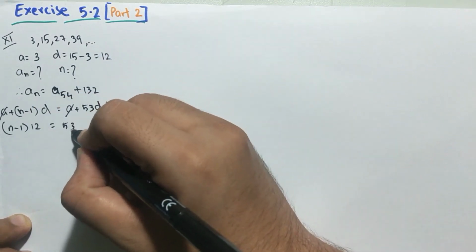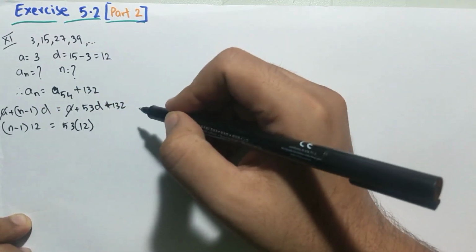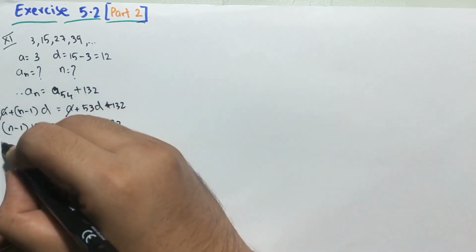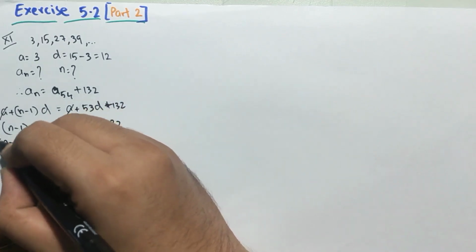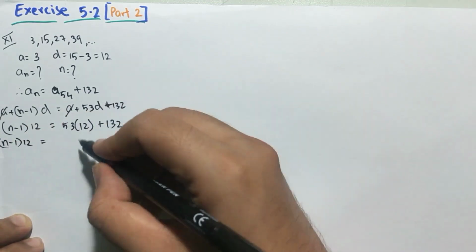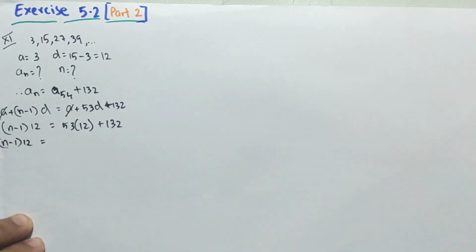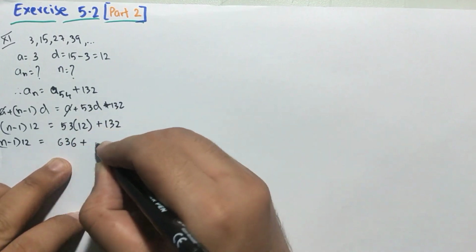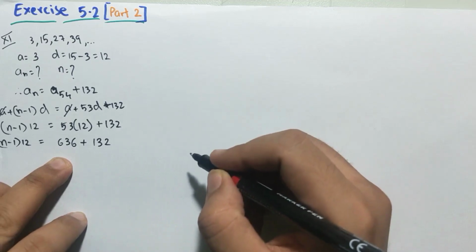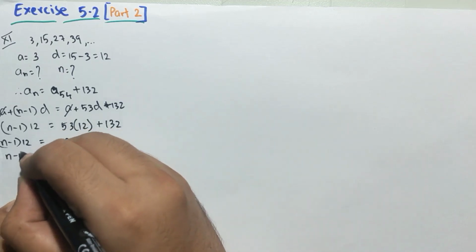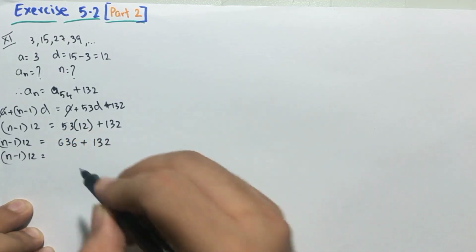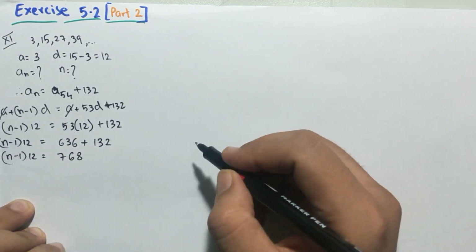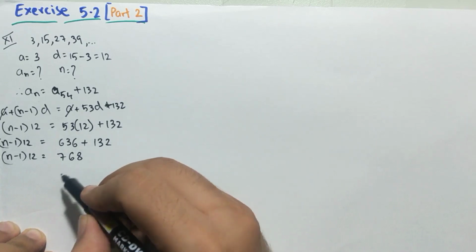Here also, if I substitute 53 multiplied by 12 plus 132, this will be (n minus 1) multiplied by 12 equals 53 into 12, 636, plus 132. If we add them, it will be 768. This 12 will come in the denominator.